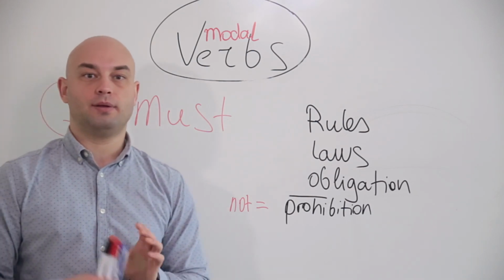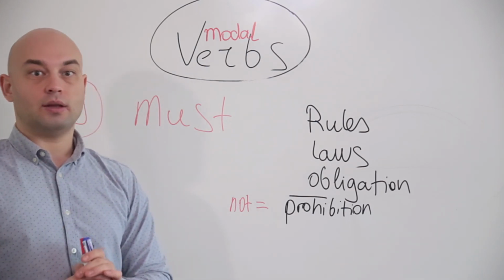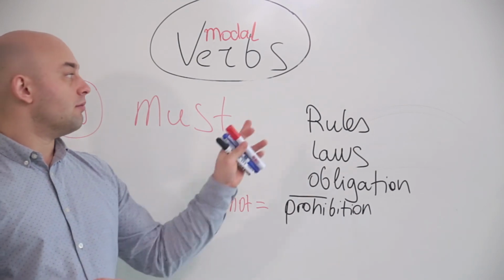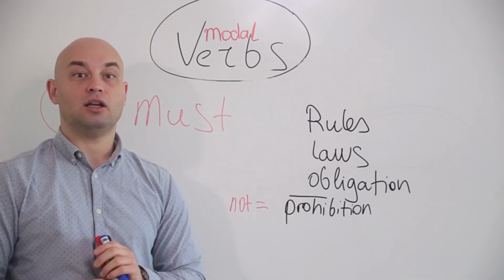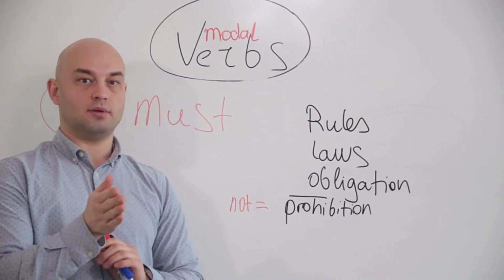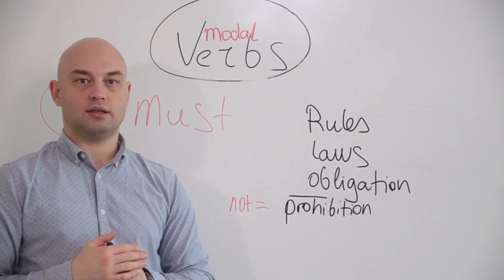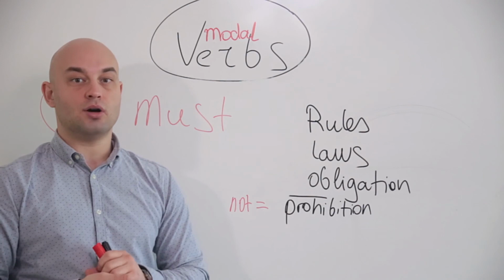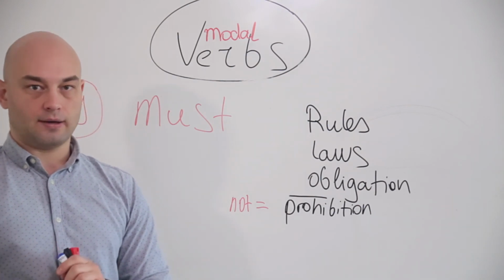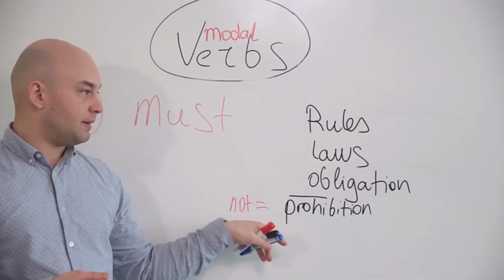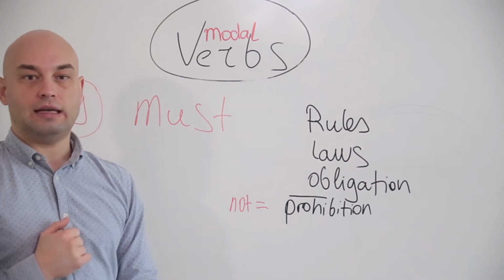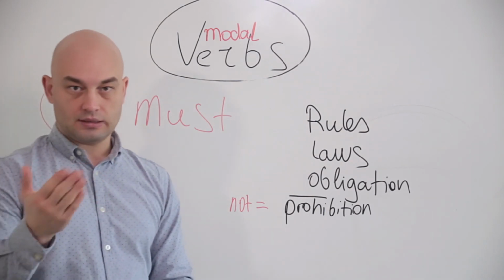For example, when a police officer stops you while you are driving, you must remain in your car and wait for them to get closer and give you the instructions. You must remain in your car. And also, as a prohibition, you must not leave your car after the police stops you.